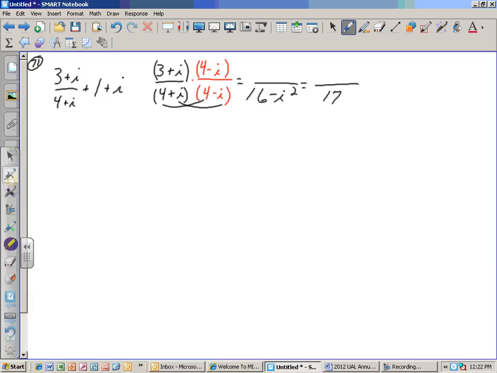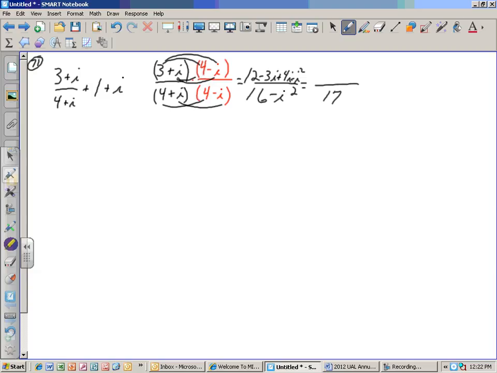In the numerator, I'm going to use FOIL. 3 times 4, 3 times negative i, i times 4, and i times negative i, which is negative i squared. And I know the negative i squared is a positive 1.